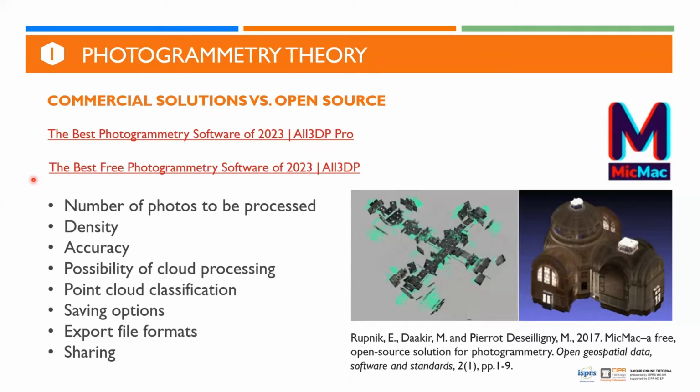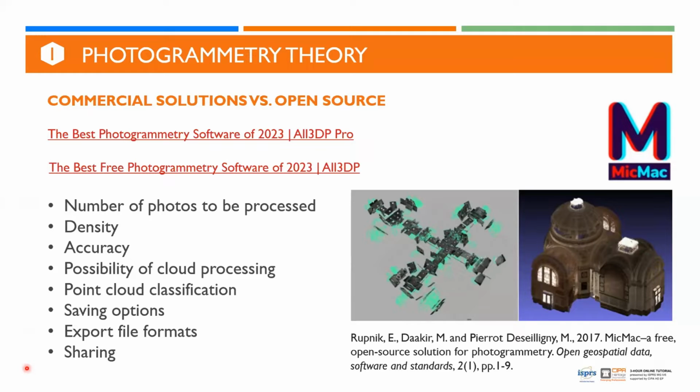Just take into account that when you want to choose between a commercial solution versus an open source, you have to think also about some of these elements. So, for example, the number of photos that you want to process. In some cases, with the open source solution, you cannot process many photos.